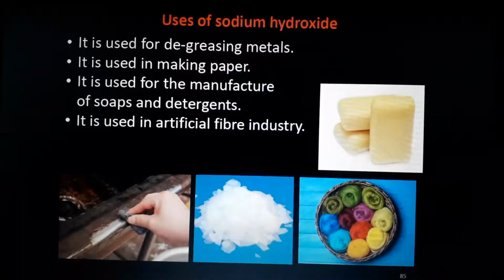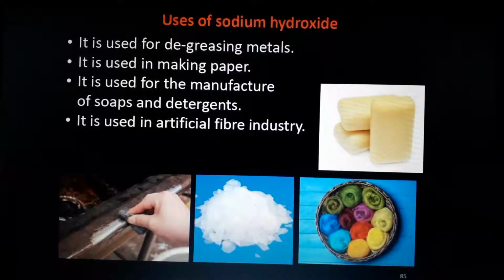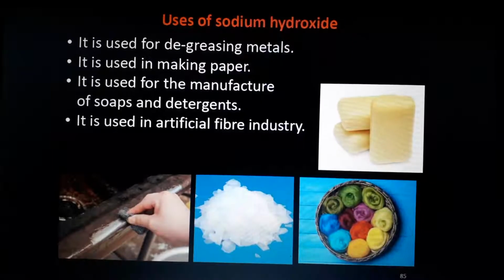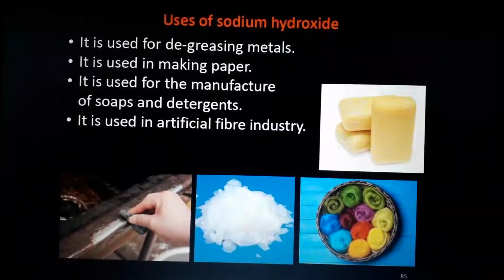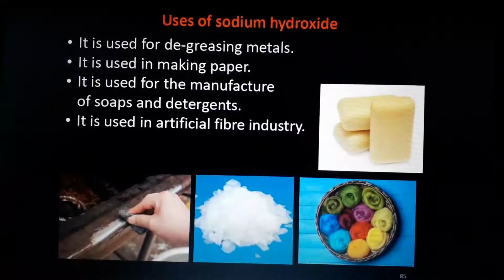It is very difficult to remove that grease, isn't it? But if you rub with a small cloth dipped in sodium hydroxide solution, the greasy property of that grease will go. That is called degreasing metals. So removing grease from metals is called degreasing. So sodium hydroxide is used in degreasing metals.